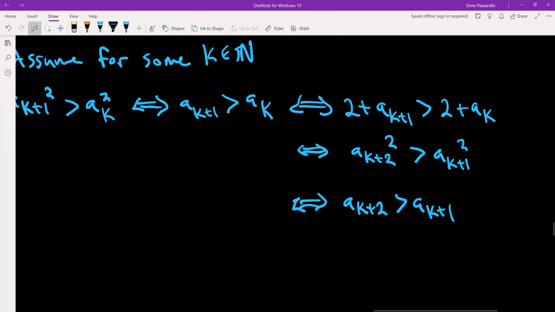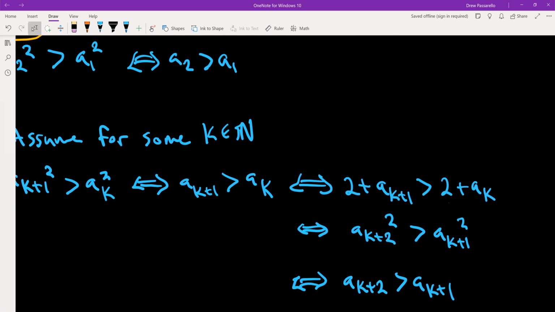Then we use that assumption, add 2 to both sides, and then we used our definition: since a(n+1) is the square root of 2 plus an, then a(n+1) squared is just getting rid of the square root, so you just have 2 plus an. All right, and that's how I proved it, just because I didn't like dealing with a bunch of square roots.